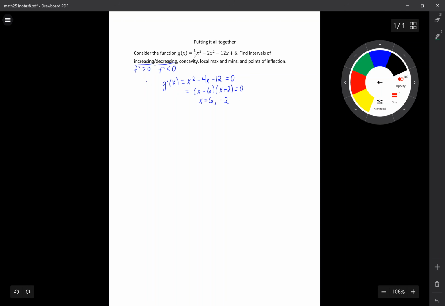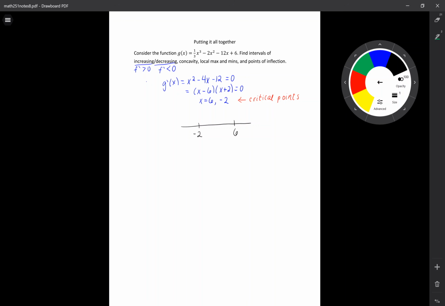So we know that these are critical points where we will possibly have local maxes or mins. So in order to see if they are maxes or mins and to see where our function is increasing and decreasing, let's plot these on a number line to see where our derivative is positive and where our derivative is negative. So I have 3 intervals here.